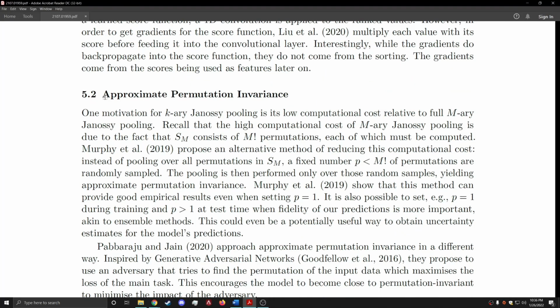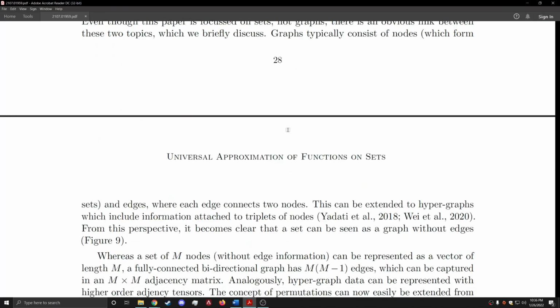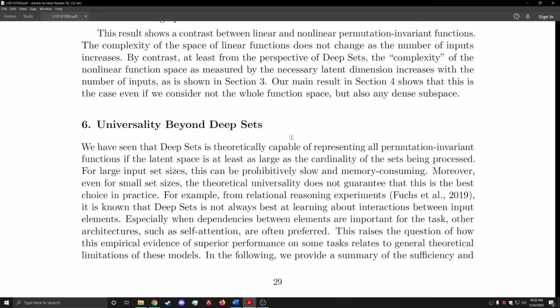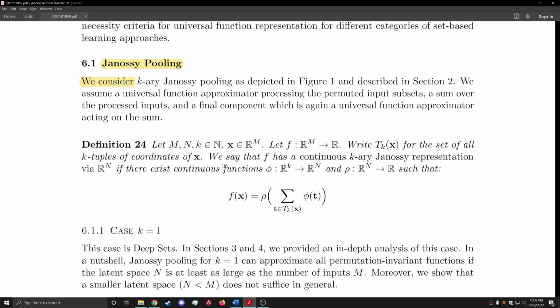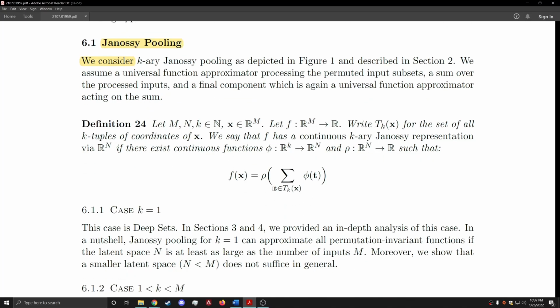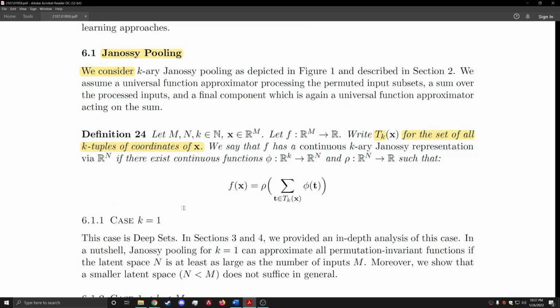So there's that. There's approximate permutation invariance, which is very much like k-ary Janossy pooling, to where we only take a subset. So we are going to write T sub k of x for the set of all k-tuples of coordinates x. Oh, wait a minute, no, I've gone too far.